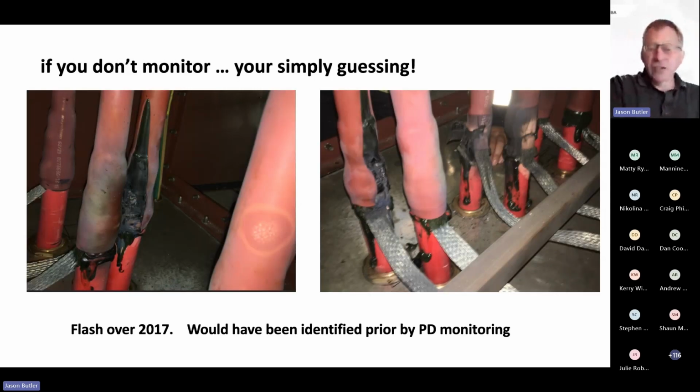And if you're not monitoring, you're just guessing. You're just waiting for it to happen. And here is a flashover. It would have been absolutely identifiable by PD monitoring, and you would have seen it emerge, seen it get worse, and been able to do something about it. Instead, now you've got a really big problem.